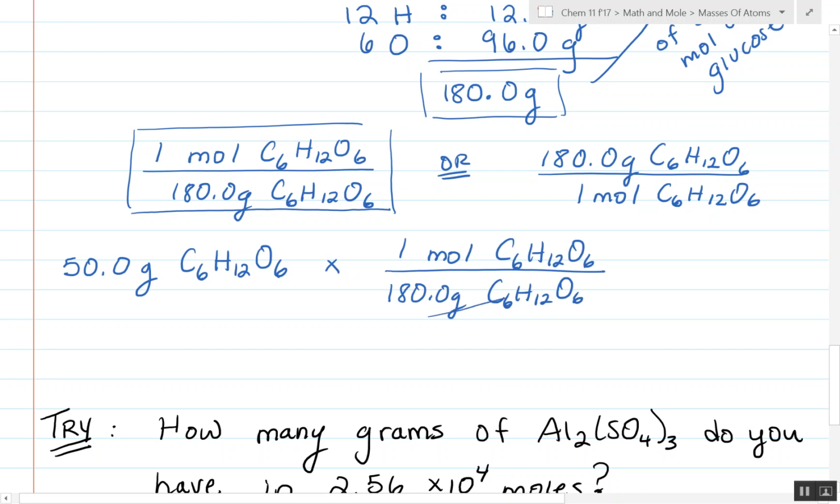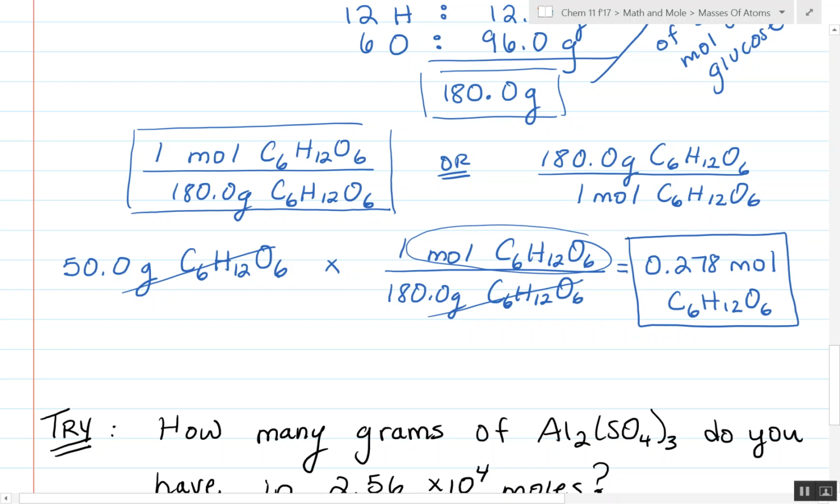So our grams of glucose would cancel out. I'm left with moles of glucose, so that's good. That's what I want. So that's equal to 0.278 moles of glucose, C6H12O6.